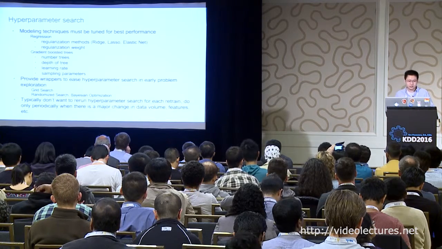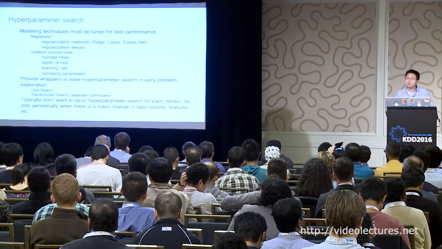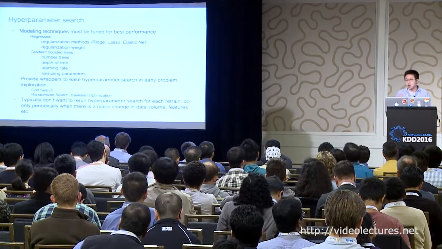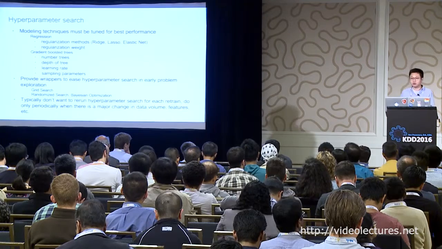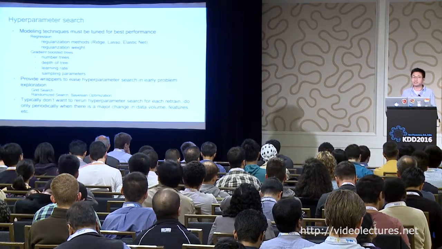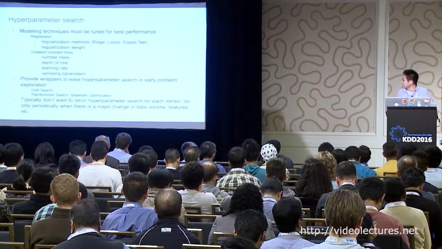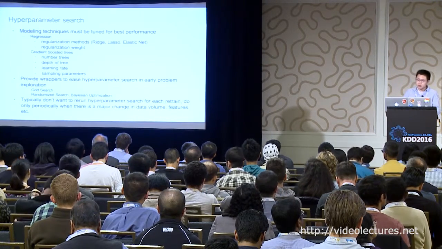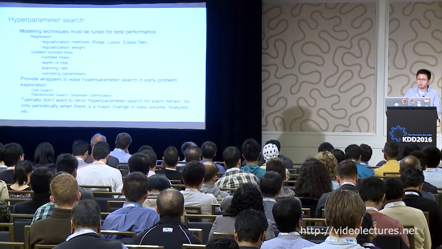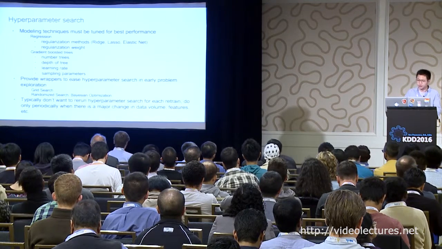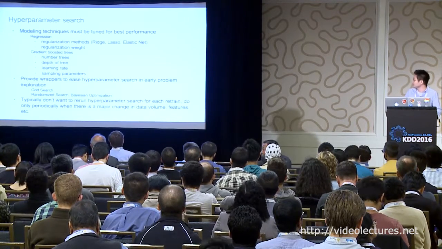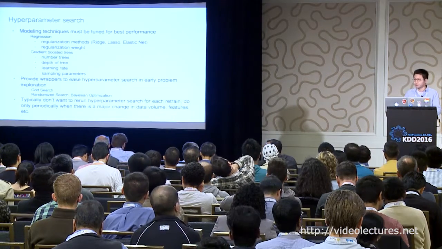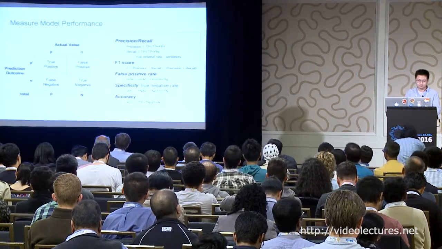In such cases, we can choose randomized search or Bayesian optimization, which searches for a particular parameter combination that optimizes for improvement. Okay. Another tip we give is that typically we don't want to rerun the parameter search for each retrain. We only need to do it if there's a huge change in either the data volume or feature distribution.